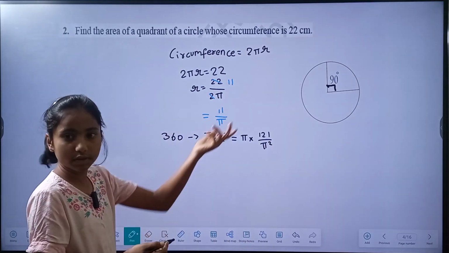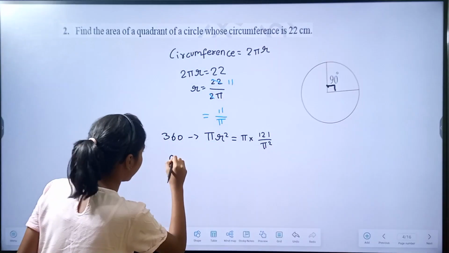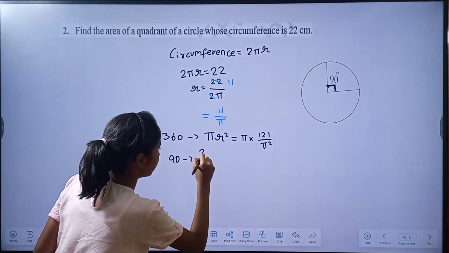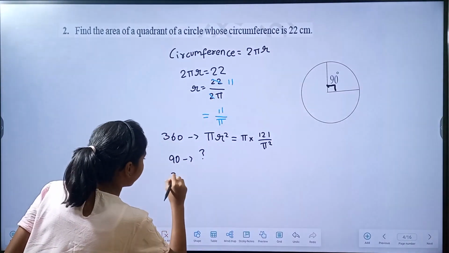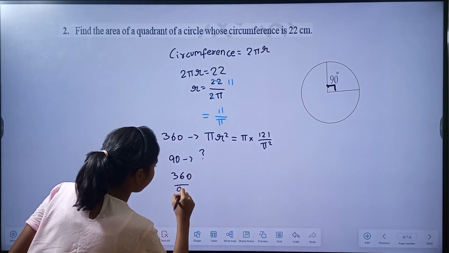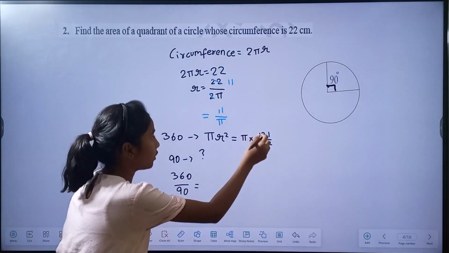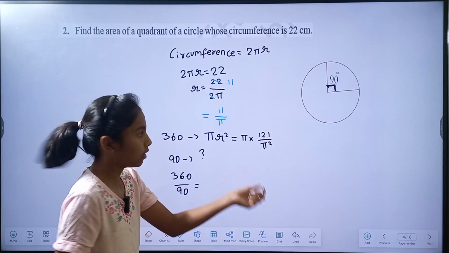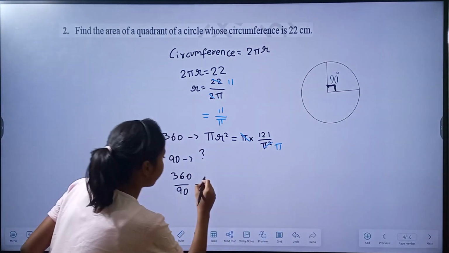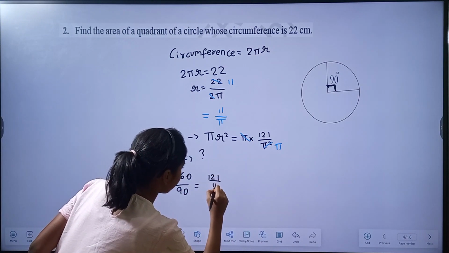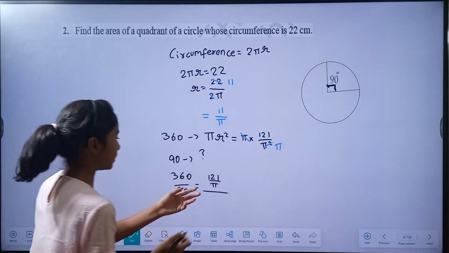And for 90 degrees we have to find the area. As these two quantities are directly proportional, the corresponding ratios are equal: 360 divided by 90 equals pi r square, 121 by pi, whole divided by x.